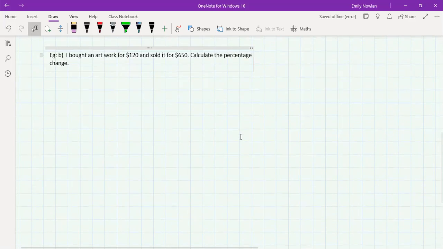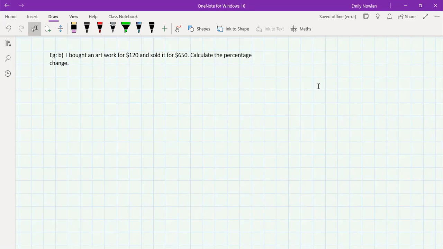Okay, so now let's do another question. I bought an artwork for $120 and sold it for $650. So have I made a profit or a loss? I made a profit, so I can work out my profit first.